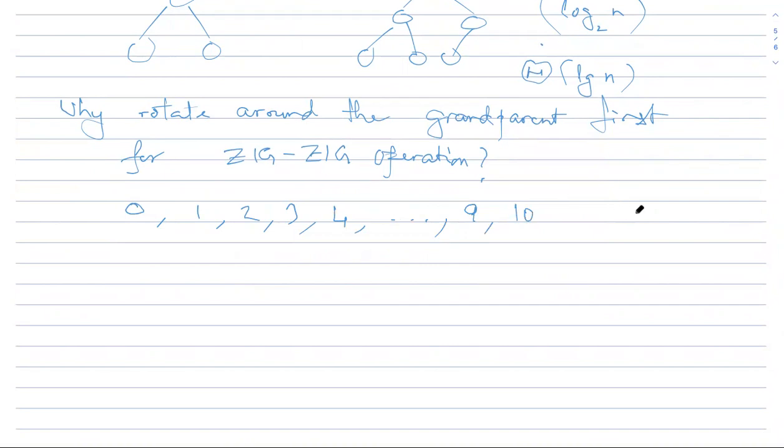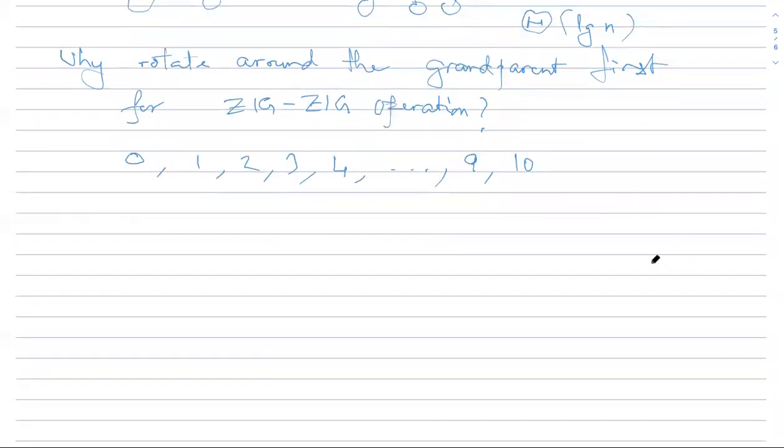Recall that in a binary search tree, this would have directly produced a straight line, the linked list kind of configuration, which is clearly undesirable.